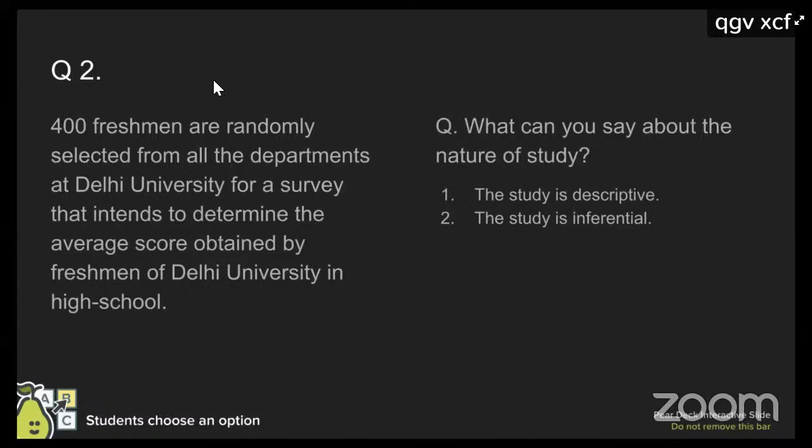Then it will also be inferential statistics. Inferential is just when you select the sample, do something on that sample, and on behalf of that sample data you make a conclusion for the whole population.